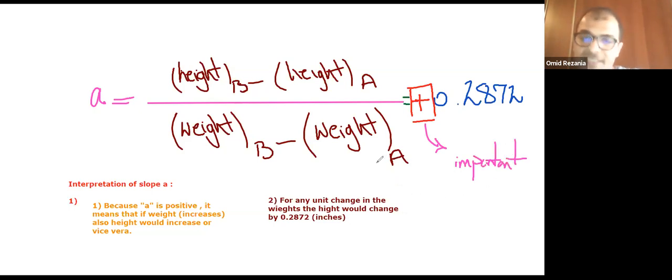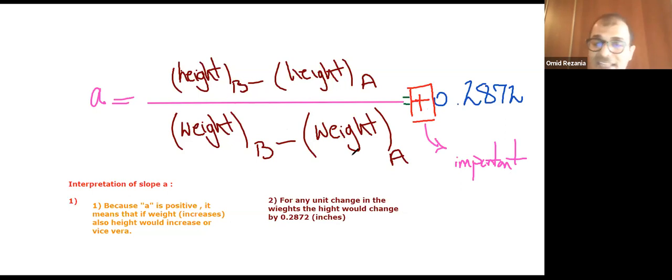If this is positive, it means that the weight and the height are in a direct relationship. If the weight increases, the height increases. From the previous week, when we talked about the math behind it, we saw that if it's negative, it means that if the weight increases, the height decreases, or vice versa.